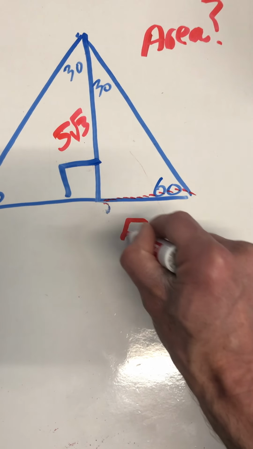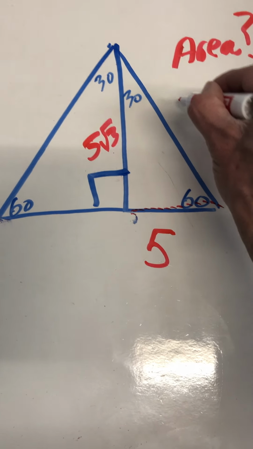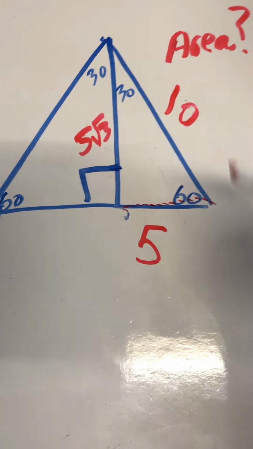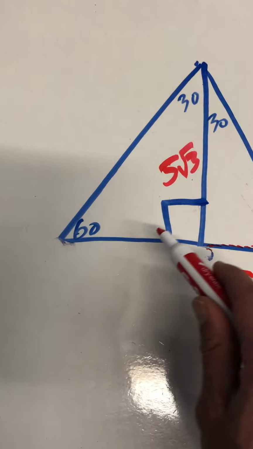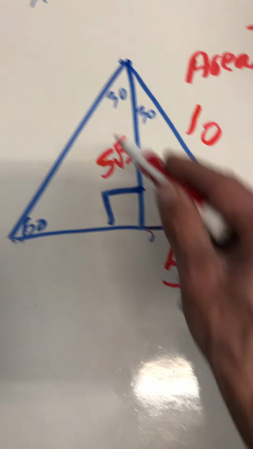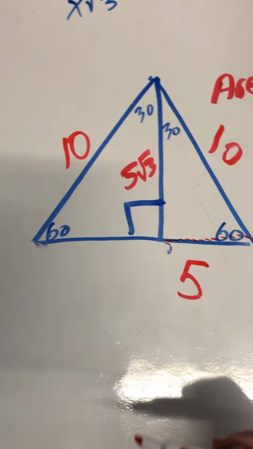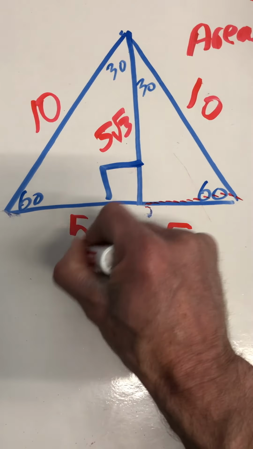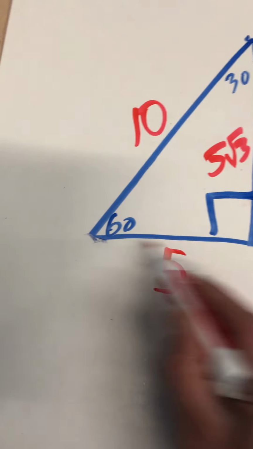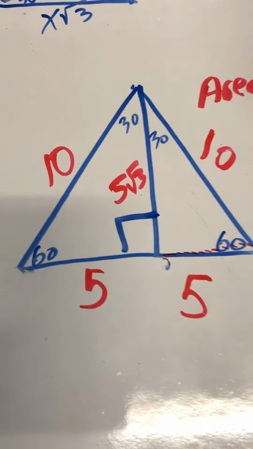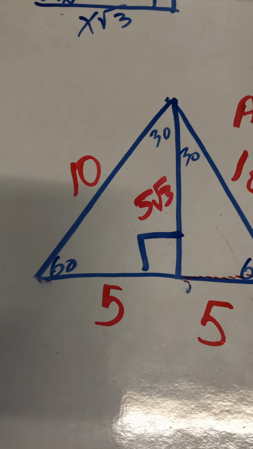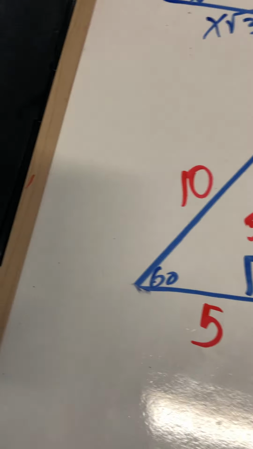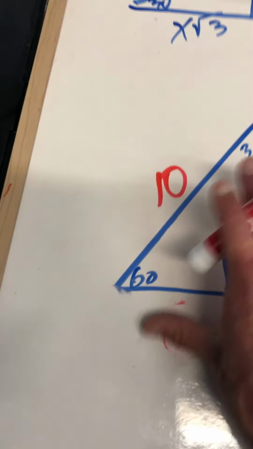This side is going to be x, and this side is going to be twice that, which is 10. All right, good. Same thing for this: these are two identical triangles, so this side is 10 also. This is 5, making this whole side 10, 10, 10. Now I'm just going to go ahead and make this side 10.